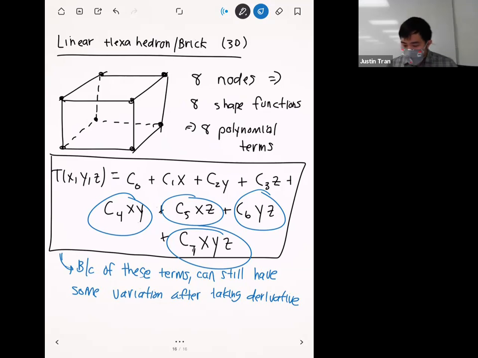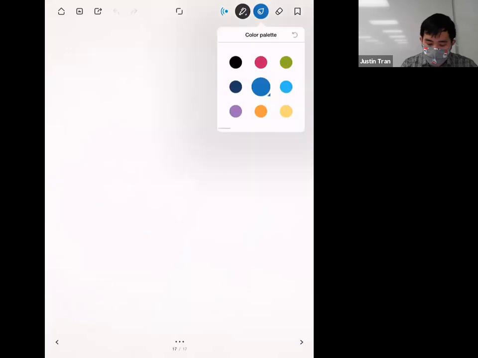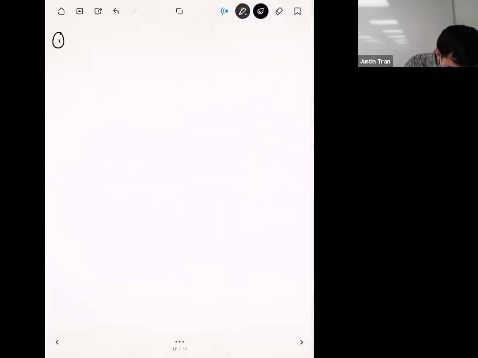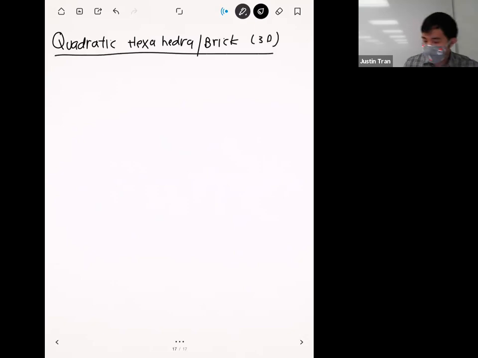Okay, all right. The last element type that we're going to go over is the quadratic hexahedra. If we follow our trend from before, remember when we looked at the linear versus the quadratic tetrahedron, there's a 2.5 increase in the number of nodes.